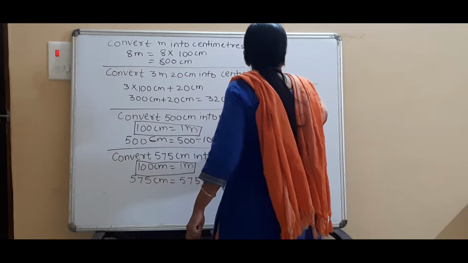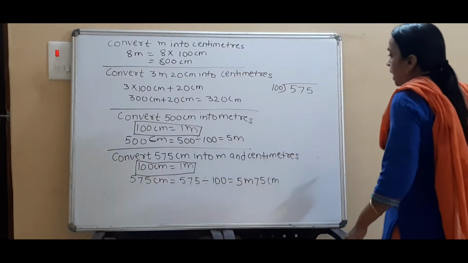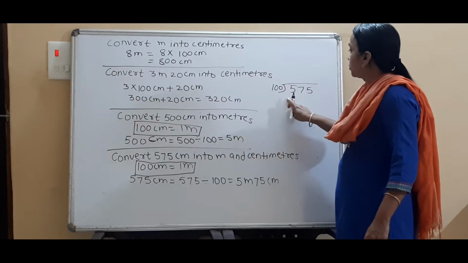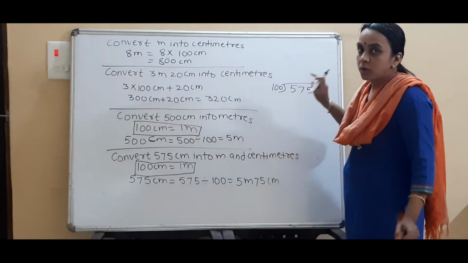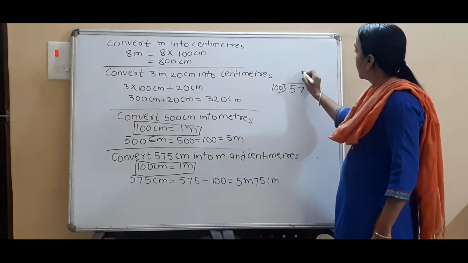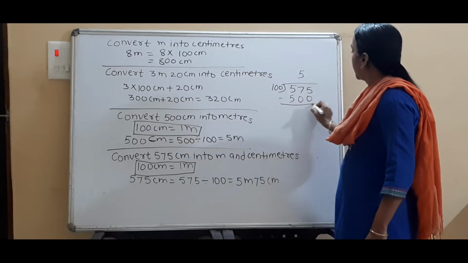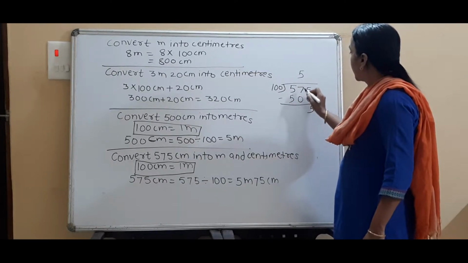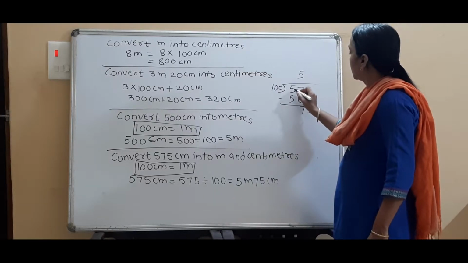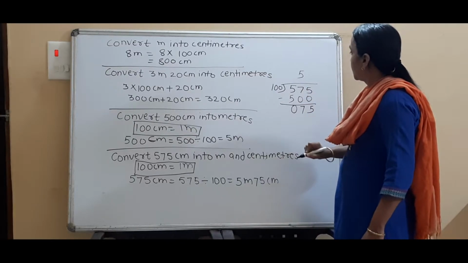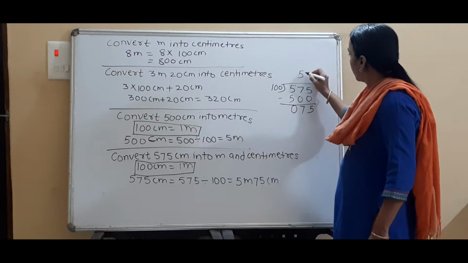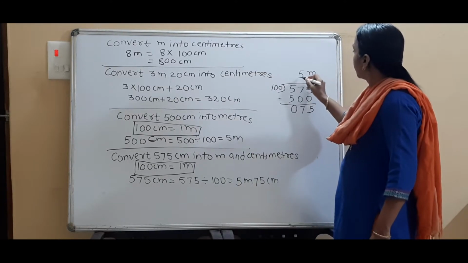See, 575 divided by 100. So in the table of 100, only 500 is there. So 100 5s is how much? 500. So 5 minus 0, 5. 7 minus 0, 7. This 5 minus 5, 0. Okay. So what is our answer? What is our quotient? That is meter, 5 meter.